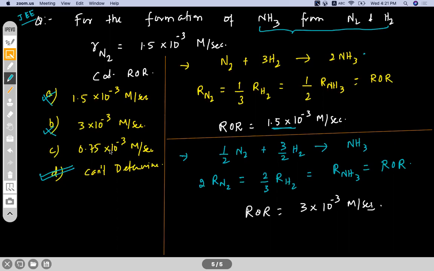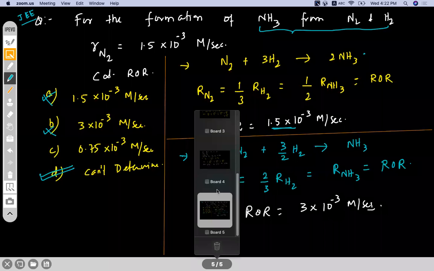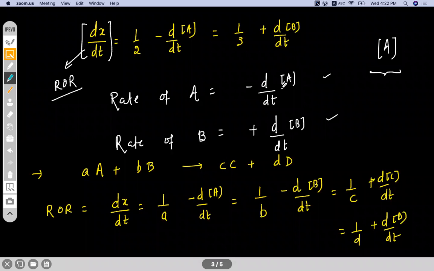Like last class also I said, let me go back again. Here you see what I have written. You must be wondering why I'm writing this thing again and again, because I did this last class also. I have written the rate of A is simply minus dA by dt. Do we have any stoichiometric coefficient here?